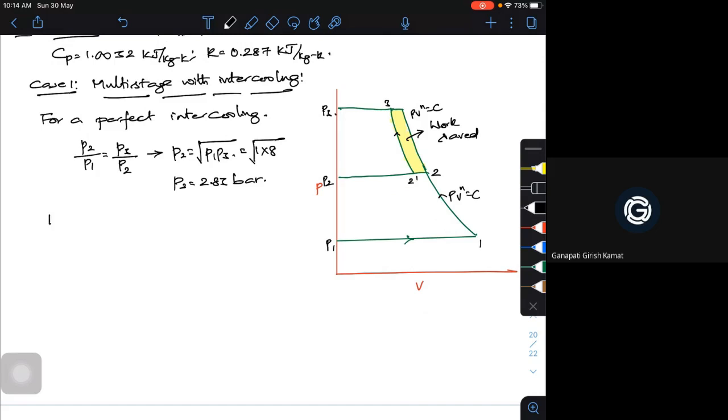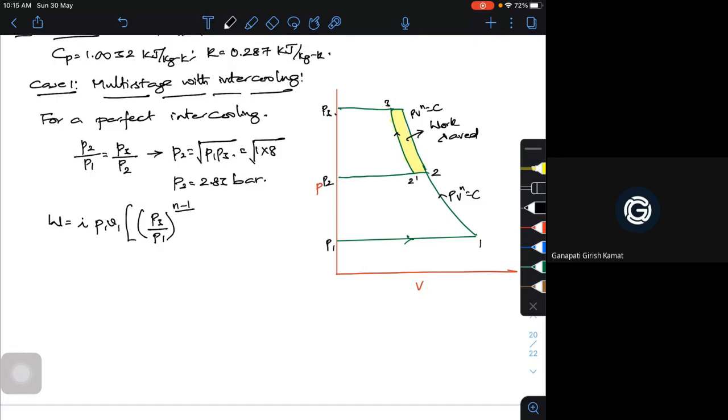So work done is given by I, the number of stages, into P1 V1. I'm going to use a general formula into P3 by P1, that is Pi by P1, to the power of n minus 1 by n.